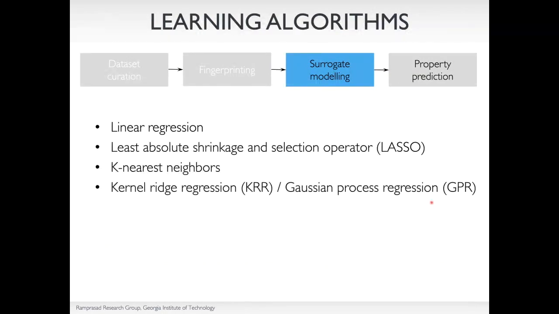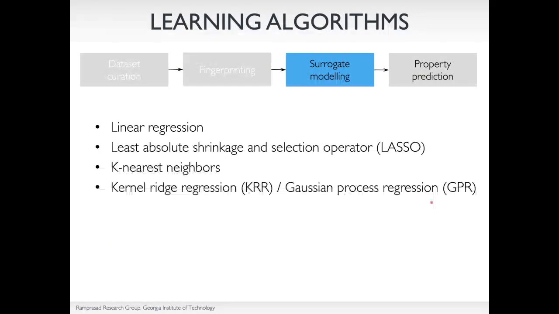And then there is something a little bit more sophisticated, kernel ridge regression, or its close cousin, Gaussian process regression, KRR or GPR. Very beautiful methods. Up until recently, they used to be my favorite. They still are. This is actually a little bit more sophisticated than the K nearest neighbor approach.